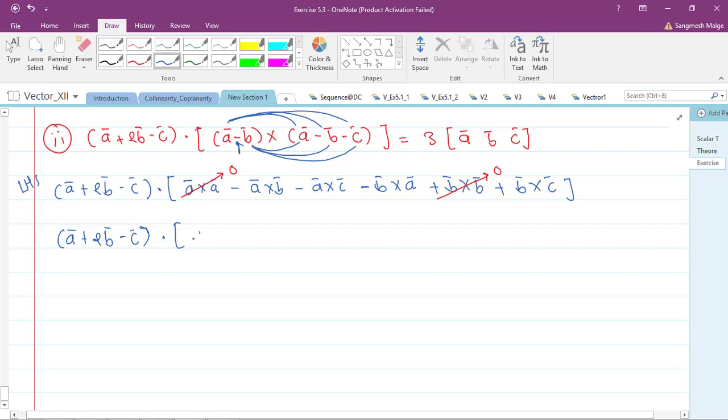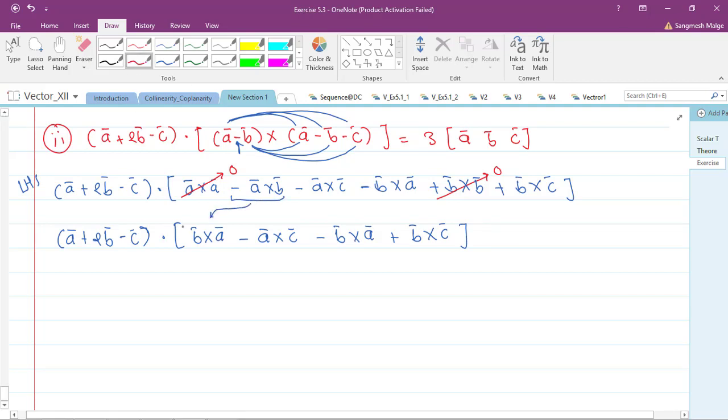So it becomes plus B bar cross A bar, minus A bar cross C bar as it is, and minus B bar cross A bar as it is. And what is this? B bar cross C bar. So plus B bar cross C bar. So I have made only this change. We just made this positive.